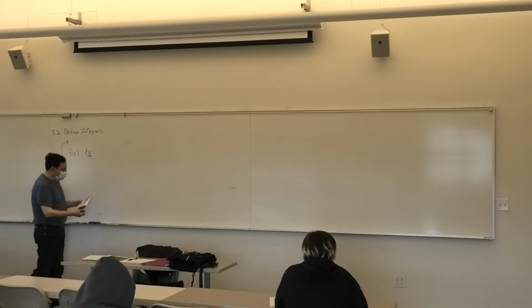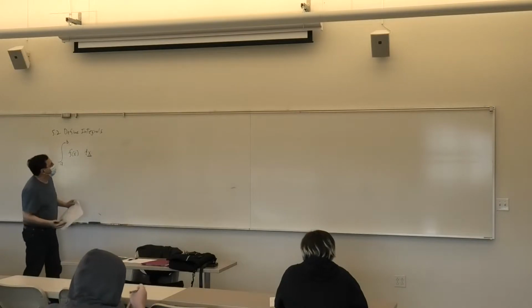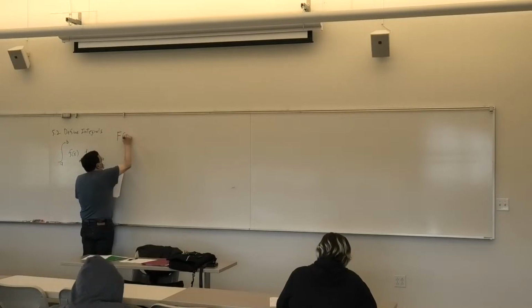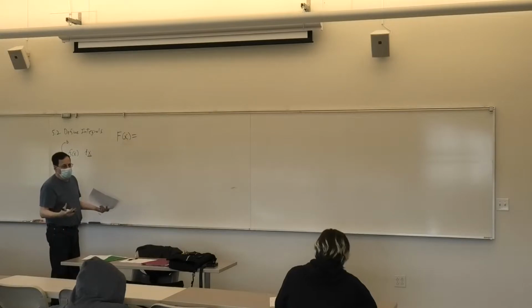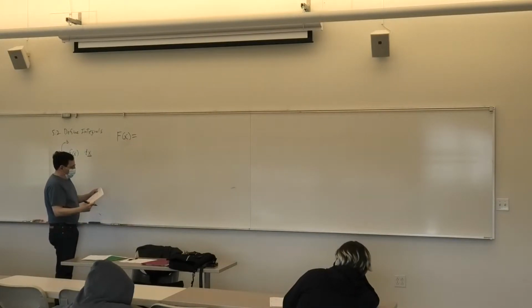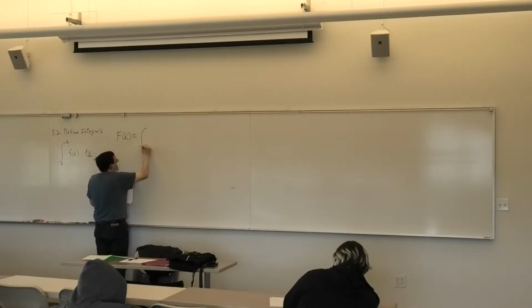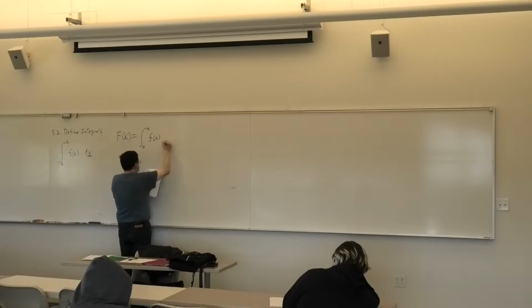So we're going to start by defining a function. We're going to call it f of x. We'll put aside the meanings we've had before. We'll come back to the idea that this has an antiderivative. And we're going to define it in a way that we haven't done anything like yet.